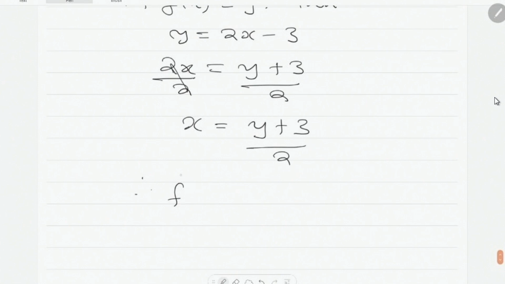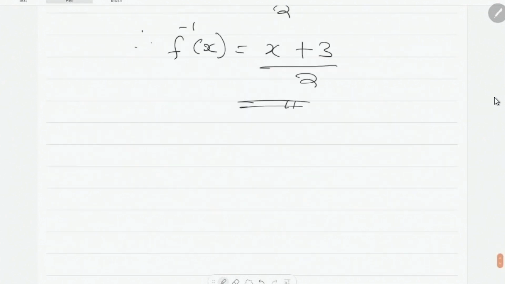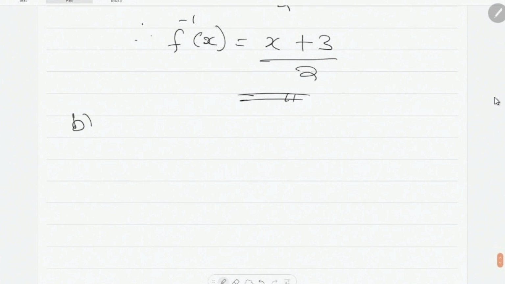And therefore, f inverse, so you just need to change the x to f inverse of x, and then on the right side, wherever there is y, you replace y with an x, so it will be x plus 3 divided by 2. So that is the inverse of the function f of x.